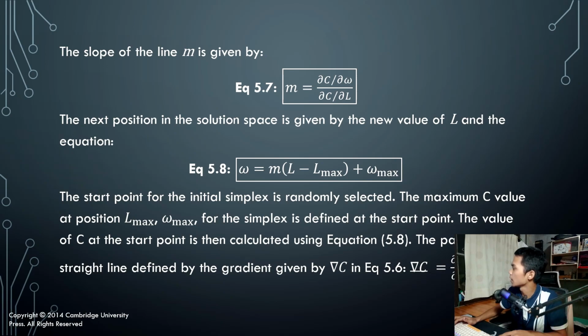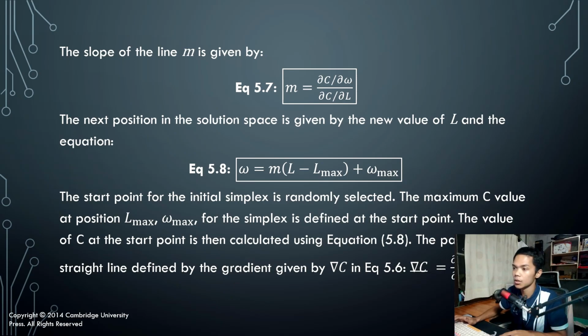The slope of the line M is given by this equation. M is equal to del C divided by del omega all over del C divided by del L. So the next position in the solution space is given by the new value of L, and the equation is going to be omega is equal to M open parenthesis L minus L max close parenthesis plus omega max.